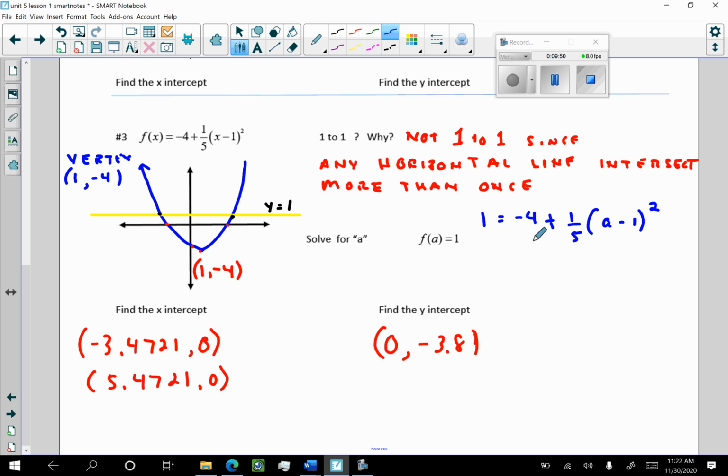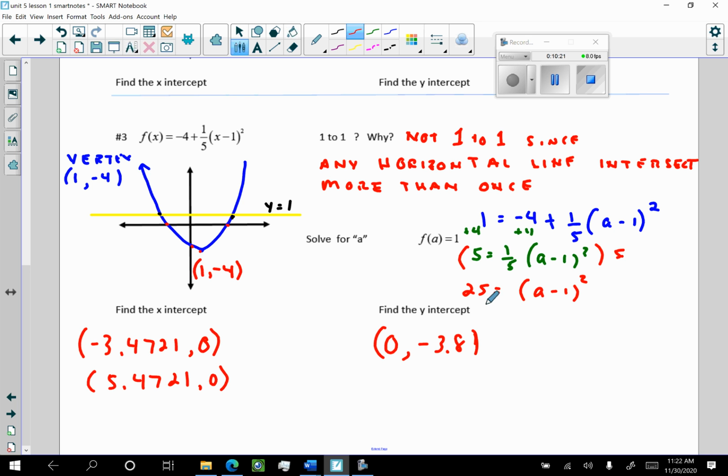I'm going to add 4 to both sides, and I have 5 is equal to 1/5 (a minus 1) squared. Multiply both sides by 5. 5 times 1/5 is 1. 5 times 5 is 25, is equal to (a minus 1) squared.